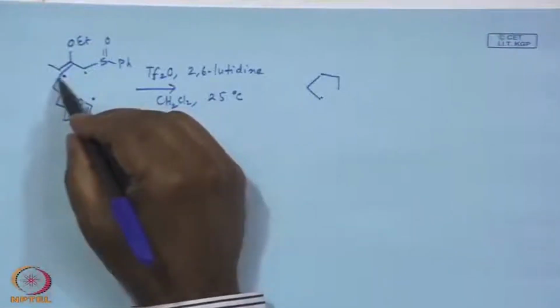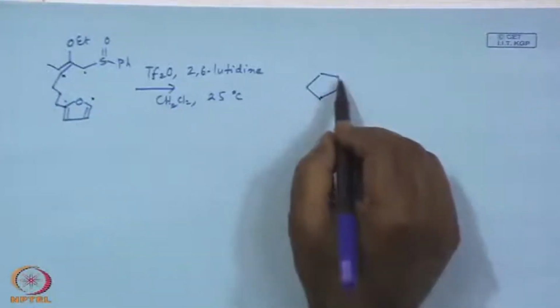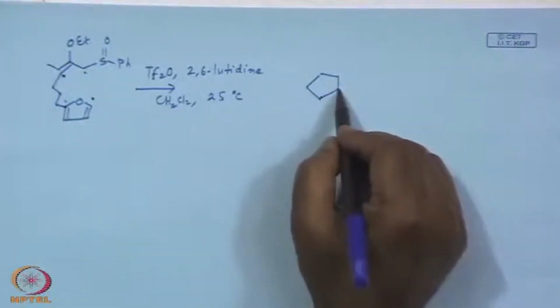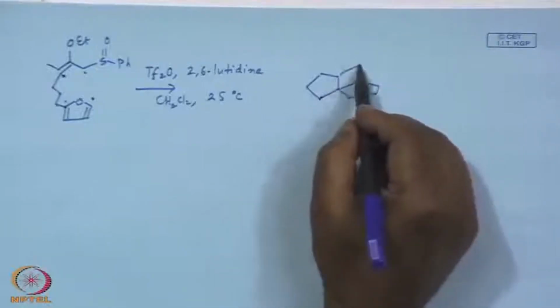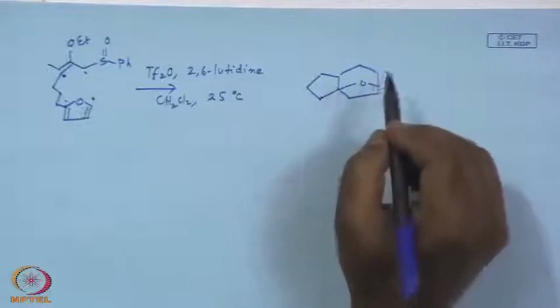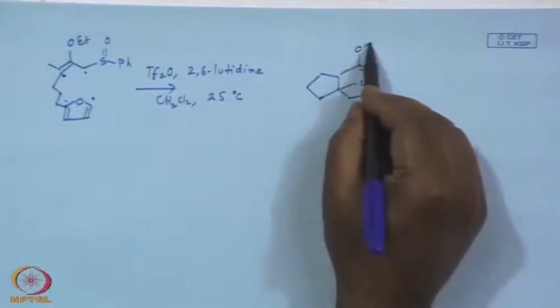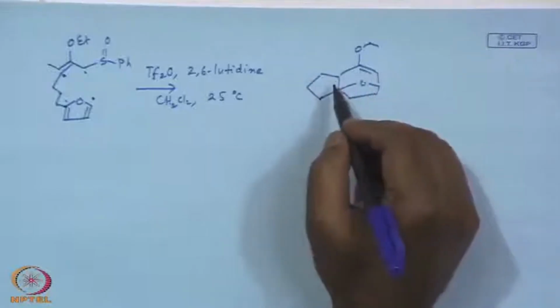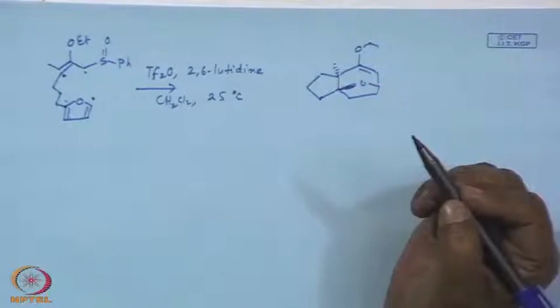If you count from here, 1, 2, 3, 4, 5, it is a 5 membered ring, and then you will have this furan part and the other part will have the connections here, and as usual, in analogy to the previous example, you have this here, and there is a methyl substituent. So, the methyl substituent is alpha here, then it has to be beta here.